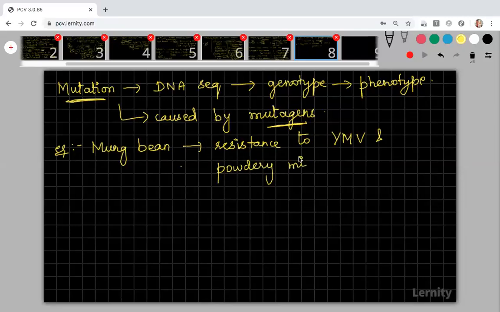So mung beans are made resistant to yellow mosaic virus and powdery mildew by inducing mutation in them. By inducing mutation, the plant variety was made resistant to these two diseases, yellow mosaic virus disease and powdery mildew disease. Okay.